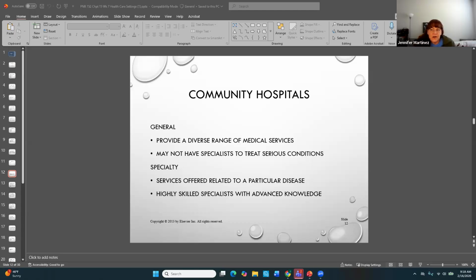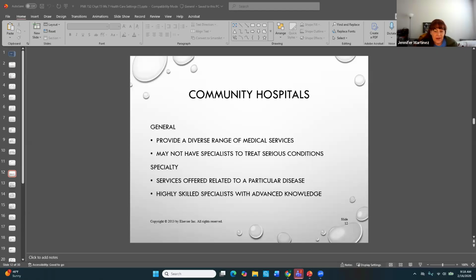Specialty hospitals are a little bit different. They offer services related to a particular disease or condition. So things like your trauma centers, your ENT, your rehab hospitals, orthopedics. Sometimes you may find the specialty hospitals are actually part of a bigger hospital. Like, I'm trying to think of an example.